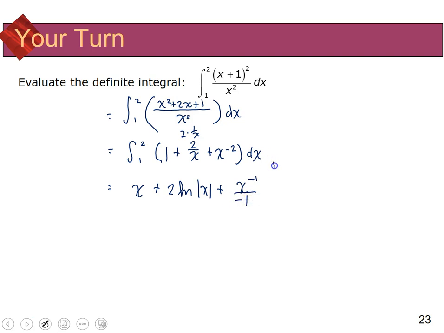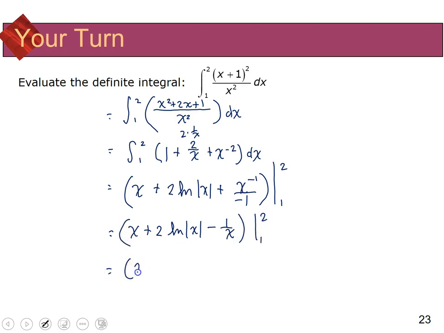I don't have to put the plus c in because I am going to evaluate this from 1 to 2, and the c's would cancel anyway. So I have x plus 2 times the natural log of the absolute value of x minus 1 over x, all evaluated from 1 to 2.